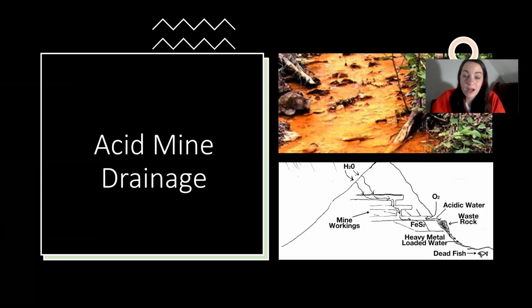Well, it occurs when mines are abandoned, and those abandoned mines are exposed to the elements like air, oxygen, and water. And chemical reactions ensue from this environmental impact on the abandoned mine.